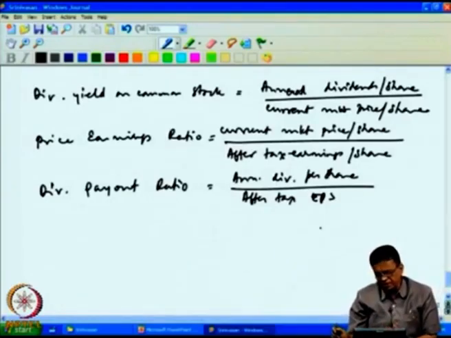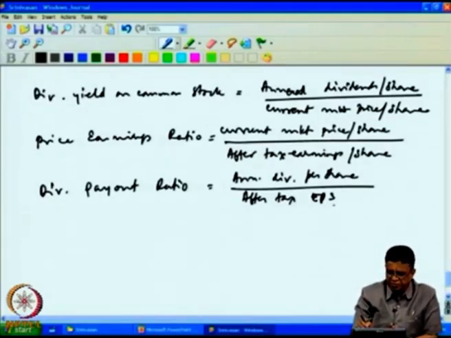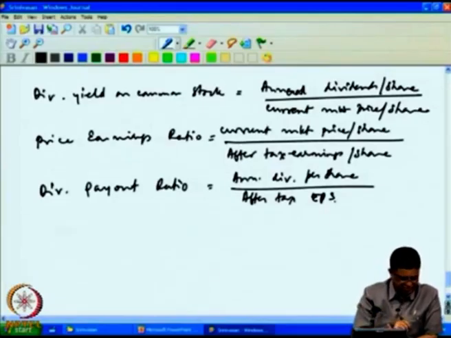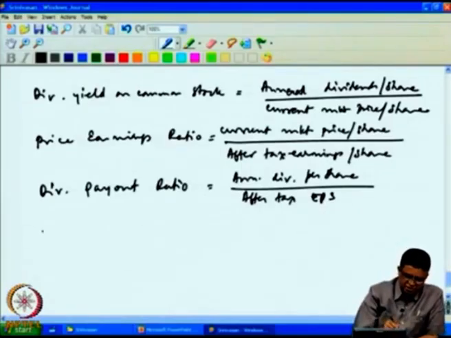So, what does it tell you? It indicates the percentage of profit paid out as dividends. The company might not pay out the full profit as dividends, might keep some portion of the profits. So, it tells how much of the profit is paid out by the company as dividend.